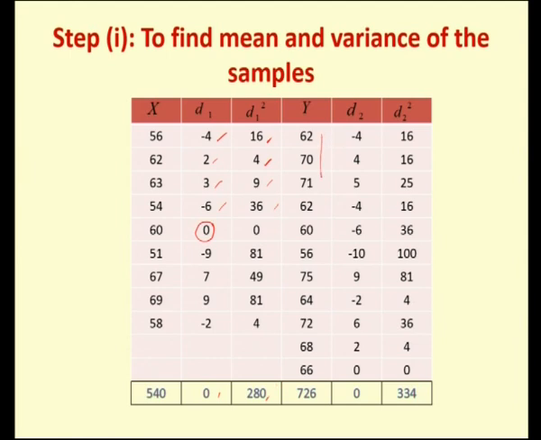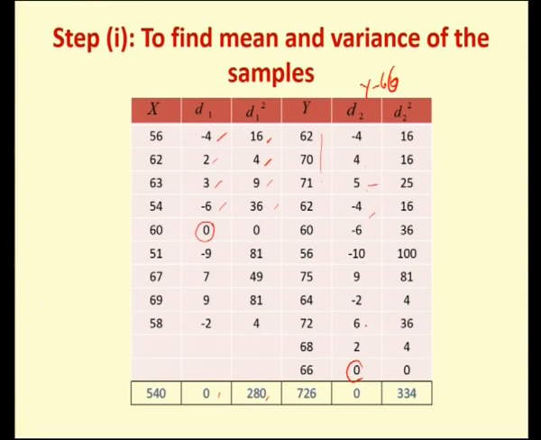Now take the values of y, and take the deviations. The deviations I am taking here are about 66, that is D2 is nothing but y minus 66. Therefore you will get minus 4, 70 minus 66 is 4, 71 minus 66 will become 5, and here 62 minus 66 will become minus 4.